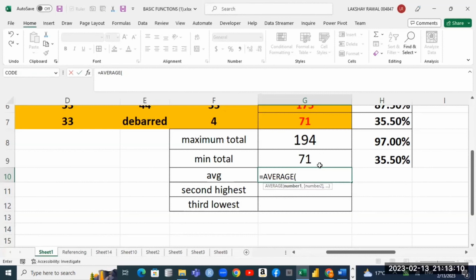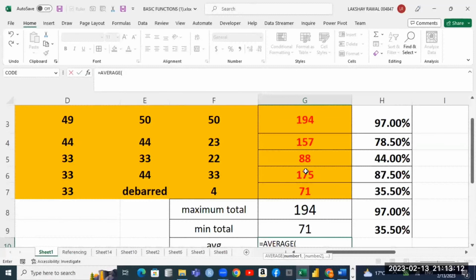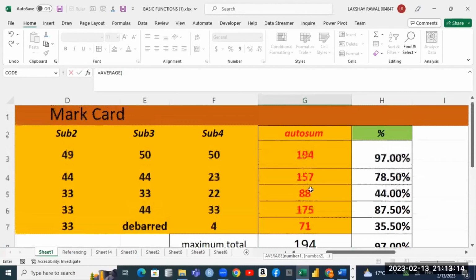Generally, what is the formula of average? If I ask you to find the average of these results, what is the formula? How do you calculate average? Ma'am, the total marks obtained for all the students divided by 200 multiplied by how many students we have?